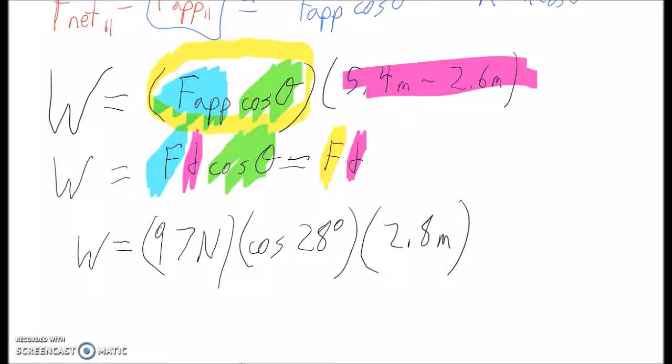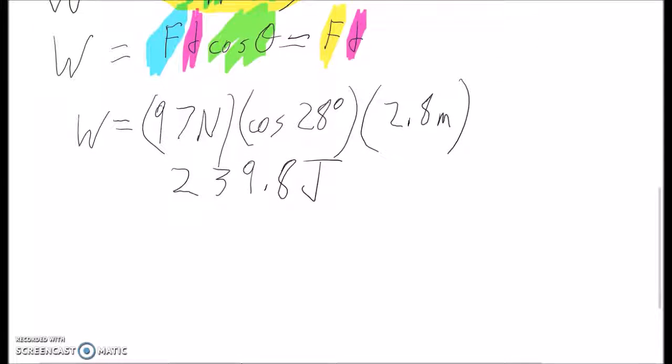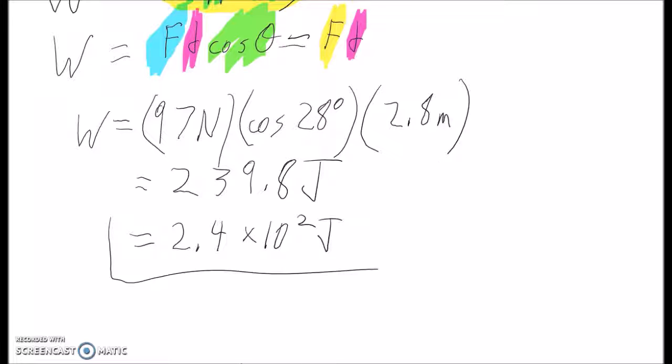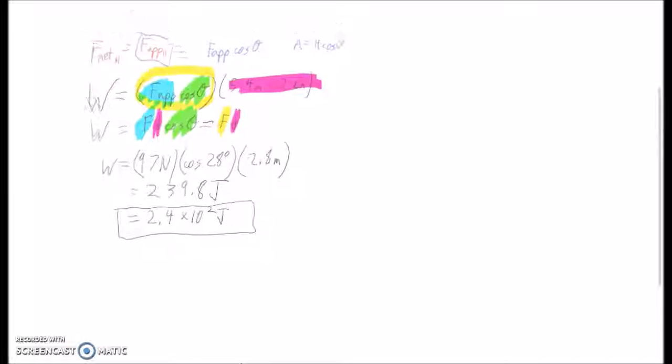Okay? So if we plug this into our calculator now, we have 239.8 joules, but the sig figs are 2. So your answer is going to be 2.4 times 10 to the 2 joules. And that's how you do a simple work problem.